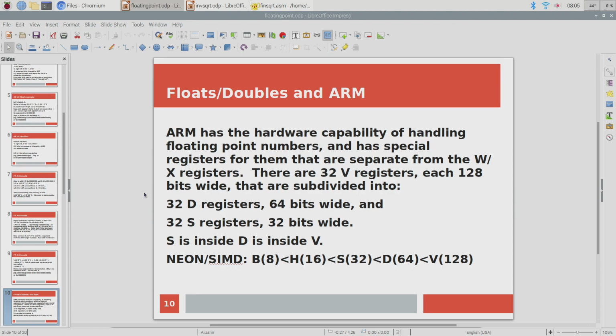The first way, if you just care about regular floating point arithmetic, is like the difference between W and X: W is 32-bit, X is 64-bit. We've got the same thing on the floating point side. You've got 32 S registers, which are 32 bits for single precision floats, and 32 D registers, which are 64 bits wide for double precision, hence the S and the D.